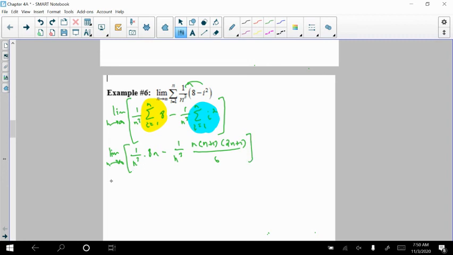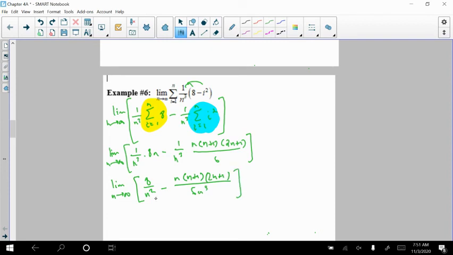And again, thinking about the limit as n goes to infinity, this first term is 8n over n cubed, which is 8 over n squared, minus this one, n times n plus 1 times 2n plus 1, all over 6n cubed.